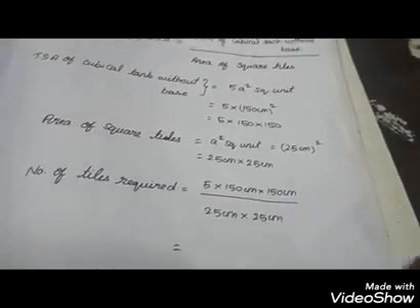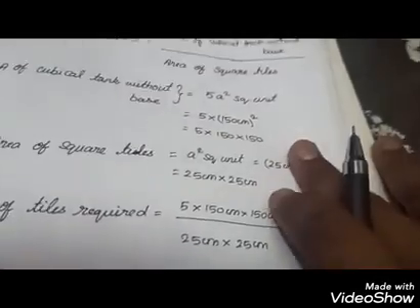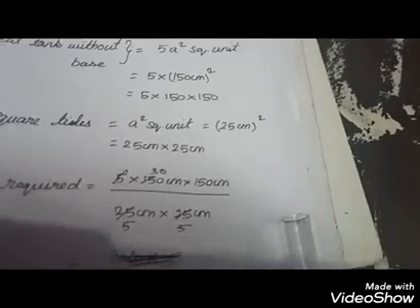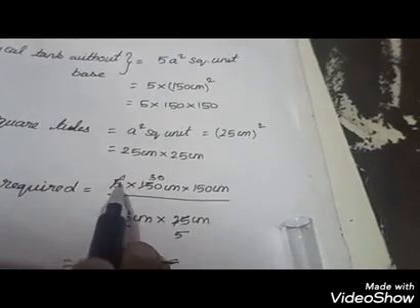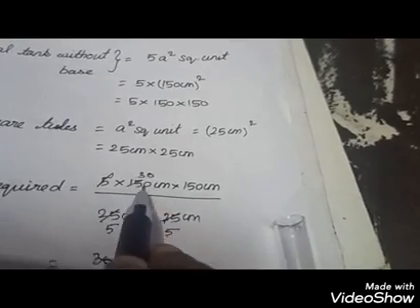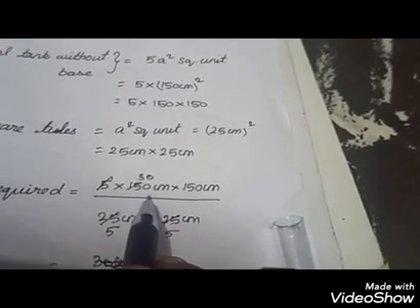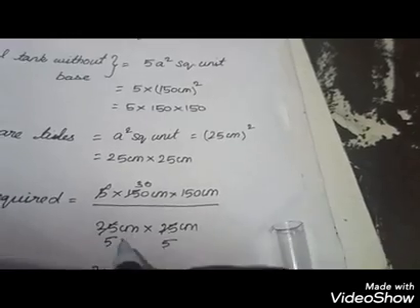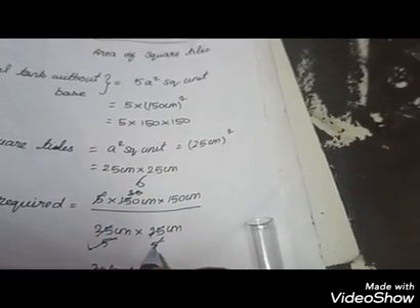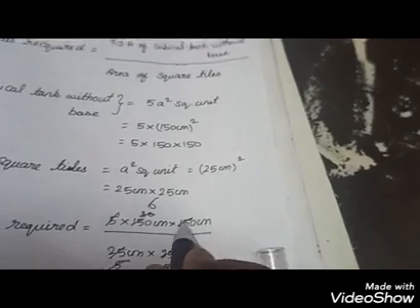Now we have to simplify it by dividing by 5. 1 5 is 5, 5 5s are 25, again 5 5s are 25, and 30 into 5 is 150. Again simplifying, 6 5s are 30, and again 1 5 is 5 and it becomes 30.